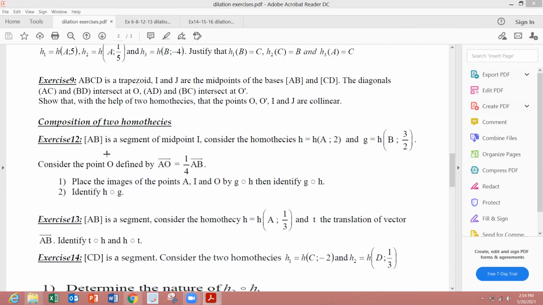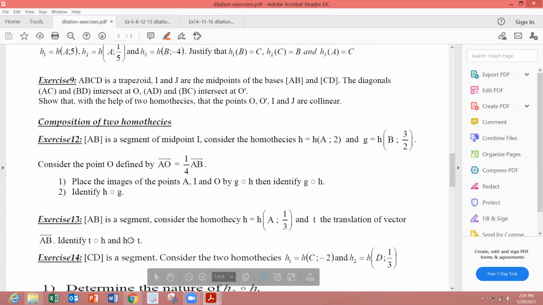Exercise 13. AB is a given segment. We have a dilation H of center A and ratio 1/3 and a translation T with vector AB.